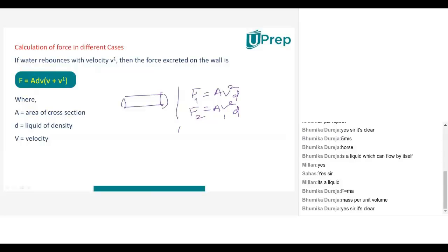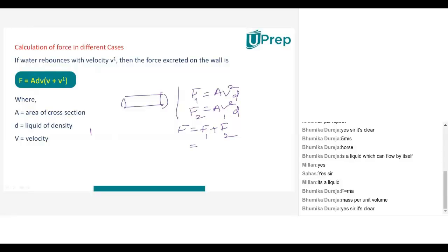Total force F is equal to F1 plus F2. So in this F1 and F2, AD V, sorry. Okay, so F1 is equal to AV square D. And in the case of the other force, what will come actually?